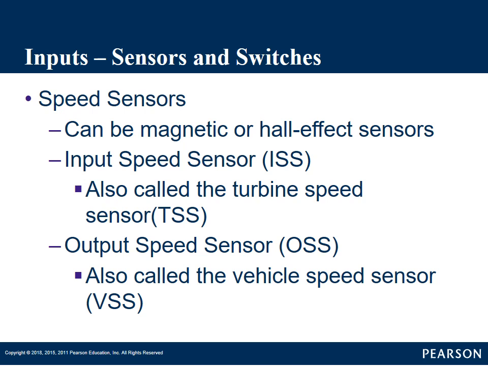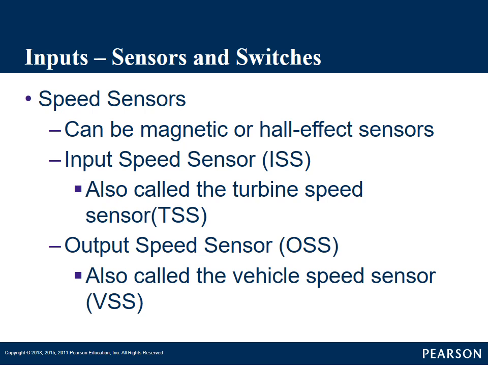Then that gets converted to a DC voltage, usually in the computer. Where our Hall effect sensors actually produce a square waveform, almost like an on-off frequency signal. They can be either or, so you want to make sure if you go to test these that you know what kind of sensor they are, and we should be able to find that in our diagnostic information.